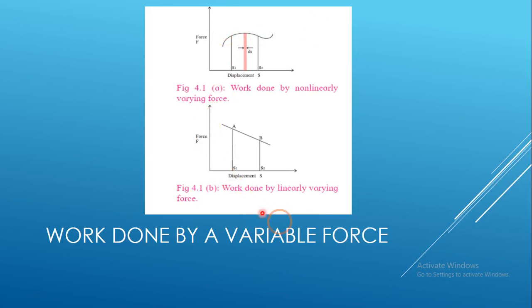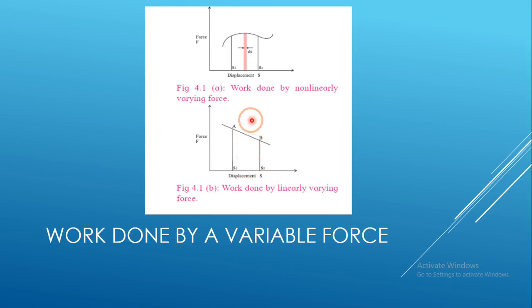In projectile motion and motion in a plane, we already discussed that if this is a linearly varying force, I can find the total work done by finding the area of A, S1, S2 and B. If I draw one straight line, I get two parts, one a triangle and one a rectangle or square as per their measurements.